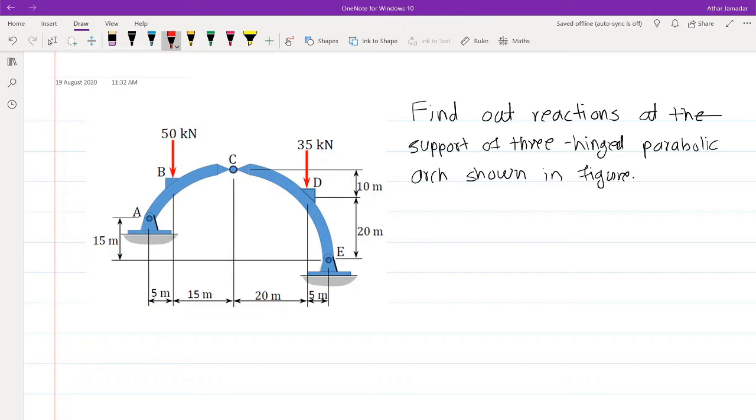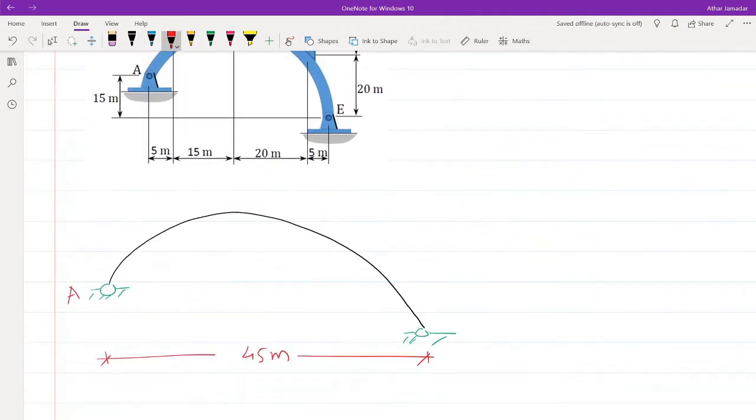I will draw this arch once again, support A and support E. As these are hinge supports, there will be only two reactions, one vertical reaction and one horizontal reaction. Let us denote the vertical reaction by RA and the horizontal reaction by HA.